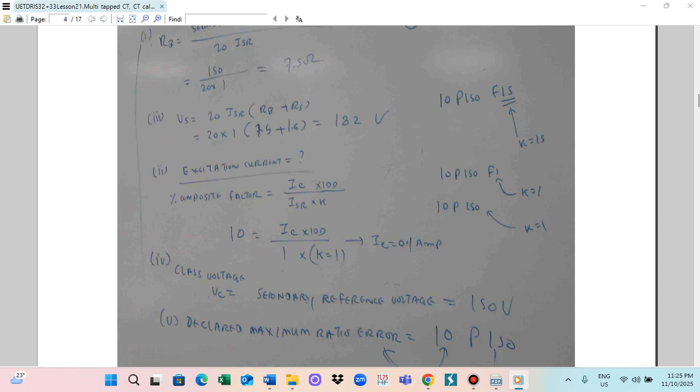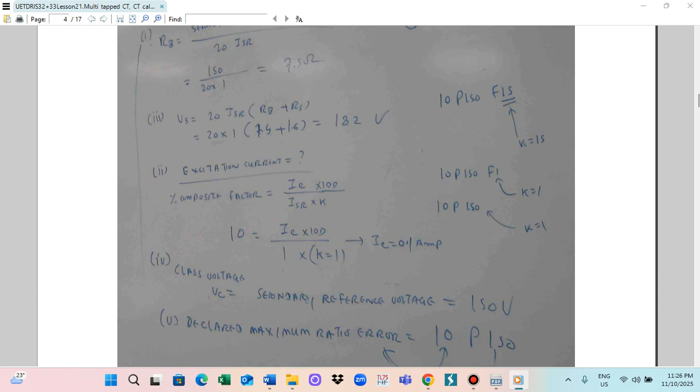So the class voltage is already given here: VC is equal to 150 volts. And E is the declared maximum ratio error. This is the same as the composite error; the two have the same meaning. So the declared maximum ratio error is also 10%.